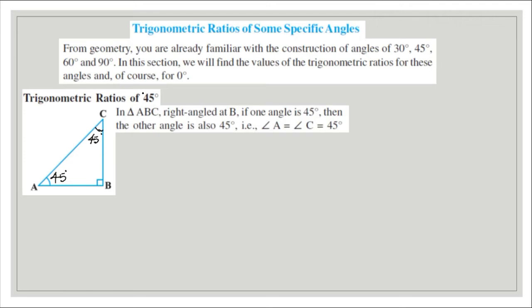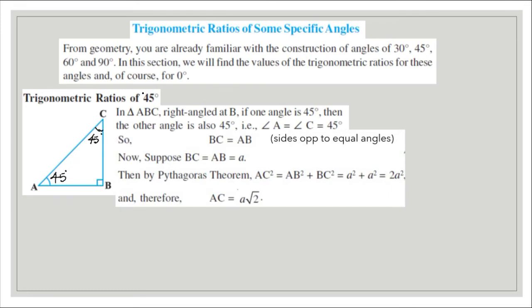That is, angle A equal to angle C, which is 45 degree. As I mentioned, the side BC will become equal to the side AB because they are the sides opposite to equal angles.